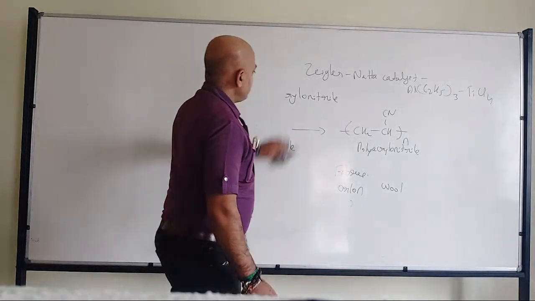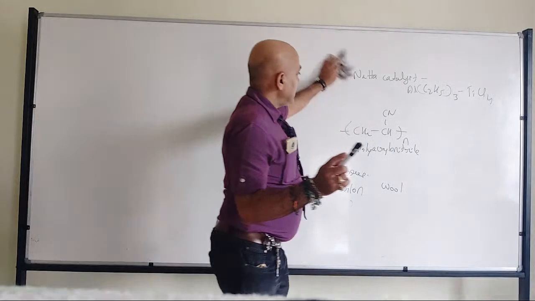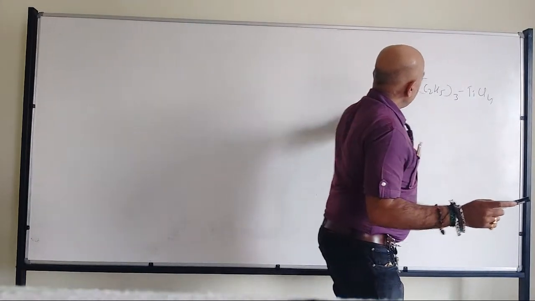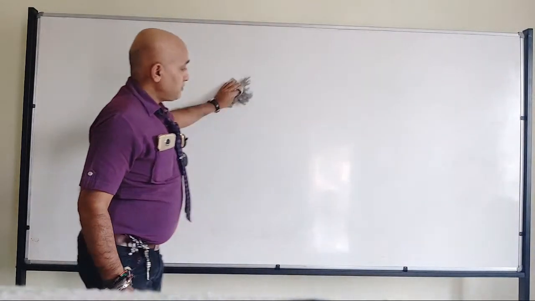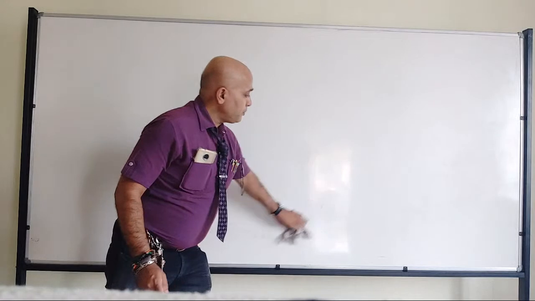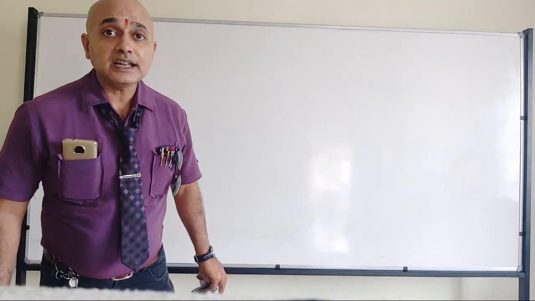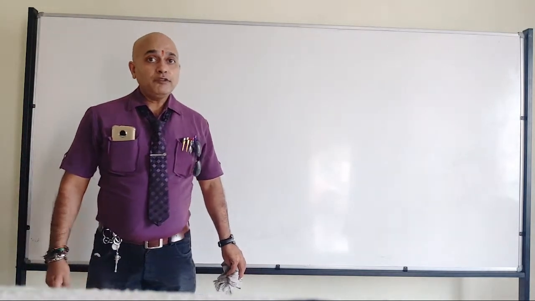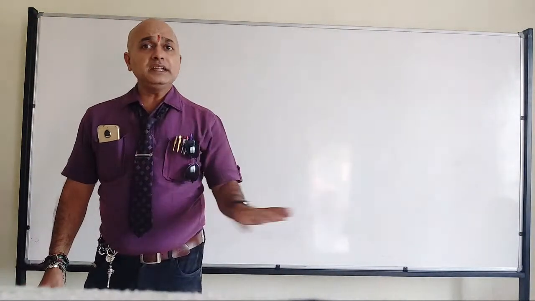So that's where we have the Ziegler-Natta catalyst. Remove the zinc. Once again I am telling. So what is the role of Ziegler-Natta catalyst? It will provide the surface for the polymerization. Don't ever write Ziegler-Natta catalyst with respect to LDP. If you are using Ziegler-Natta catalyst, then it will lead to HDP, not LDP.